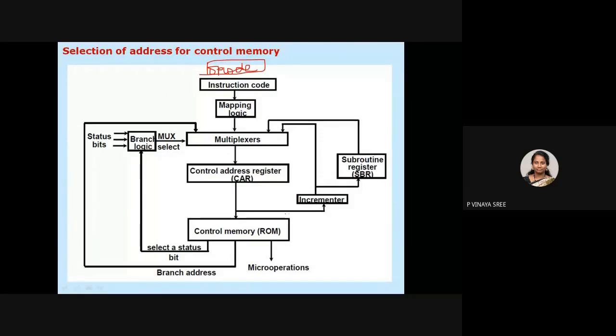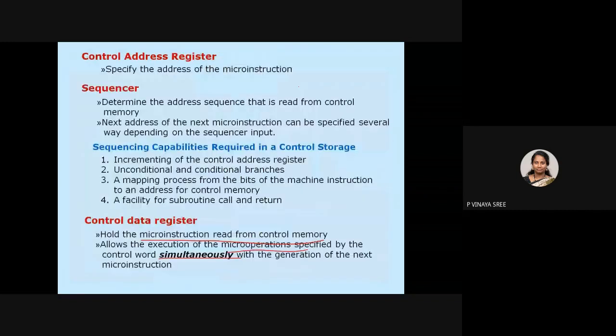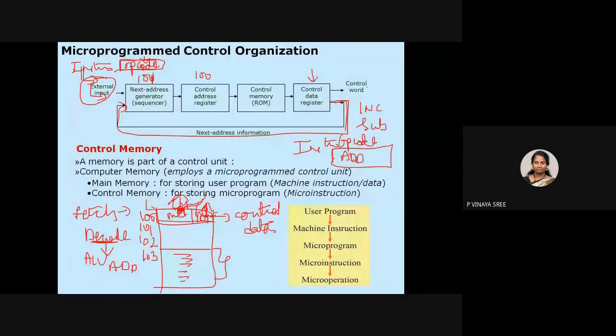And the other one is normal incrementer. So can anyone tell me when we'll be going for a normal incrementer? So address sequencer will be incremented by 1. So this will be incremented by 1. Now next will be 101. Next will be 102. Next will be 103. In which it goes to the normal sequence.